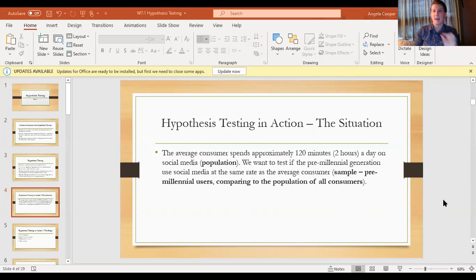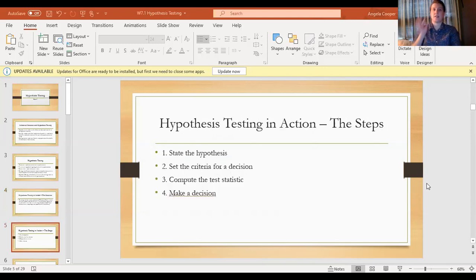So we have a sample of Gen Z kids, and we want to compare their social media usage to the entire general consumer population usage. That's not just another group. It's millennials, it's baby boomers, it's Generation X, it's everyone else that we're comparing Gen Z people to.